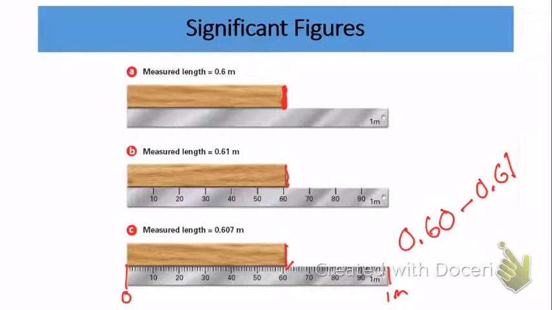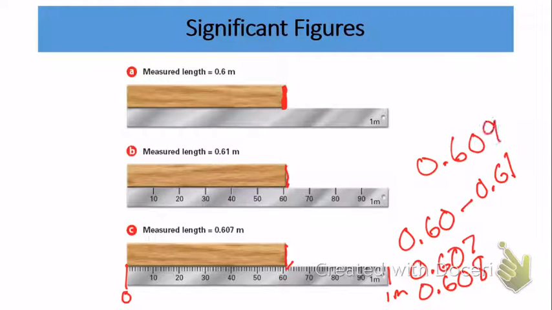So we know that it's definitely 0.60, and then the next digit is going to be very hard to estimate precisely. So the author says they think it's 0.607, but I certainly might say it's 0.608. You might even say that it's 0.609, okay?